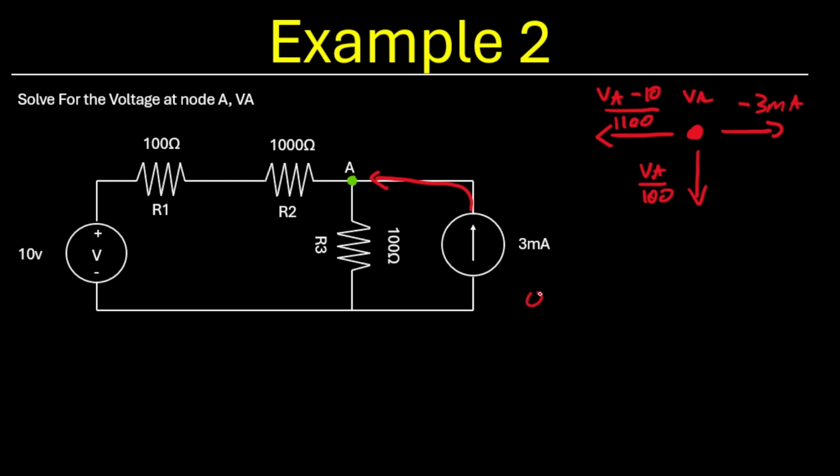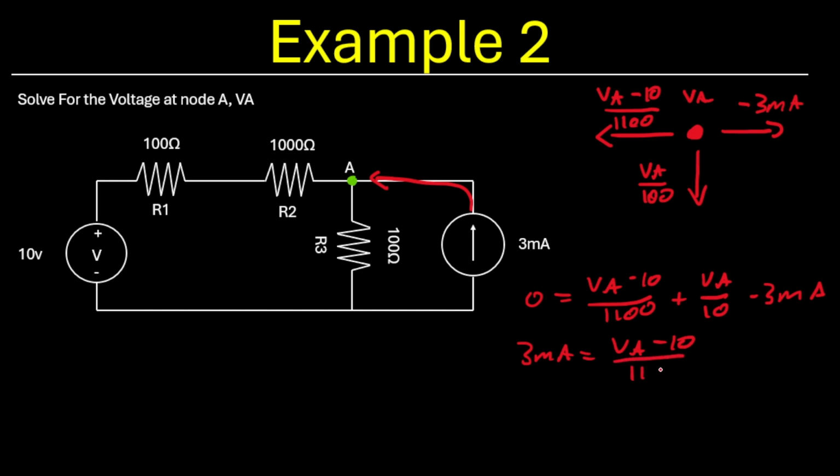So we can write this as 0 equals VA minus 10 over 1,100 plus VA over 10 minus 3 milliamps. Add 3 milliamps to both sides. And we get something like this.